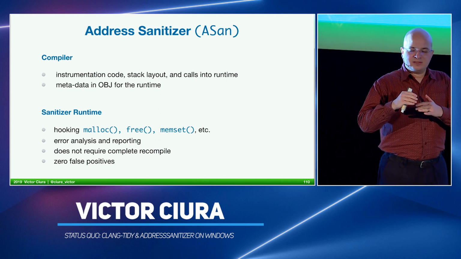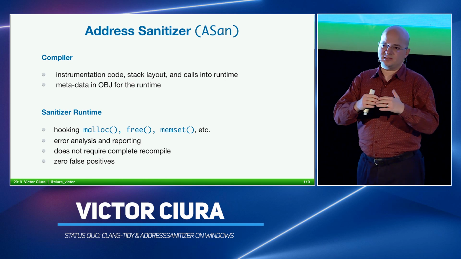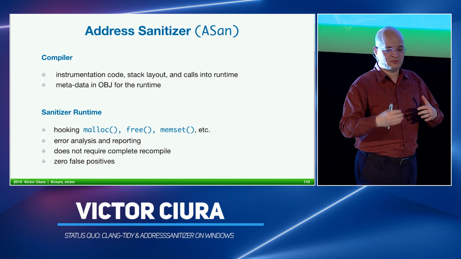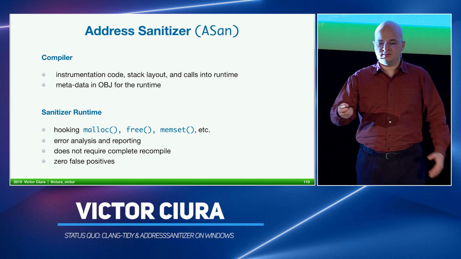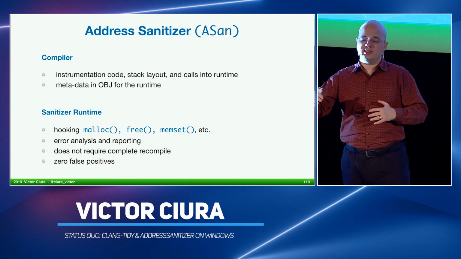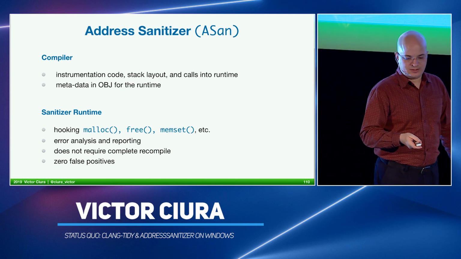It comes with two parts. There are parts implemented in the compiler, and there's a sanitizer runtime that actually instruments the application when it runs. So the compiler provides the instrumentation code, lays out the stacks and the functions, and generates metadata in the object file that will be consumed by the runtime when you instrument your application.